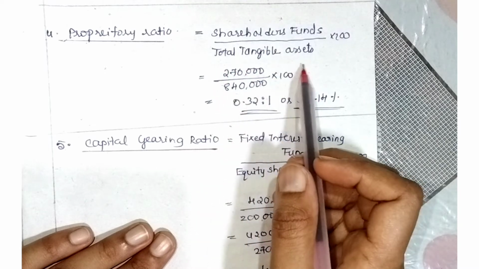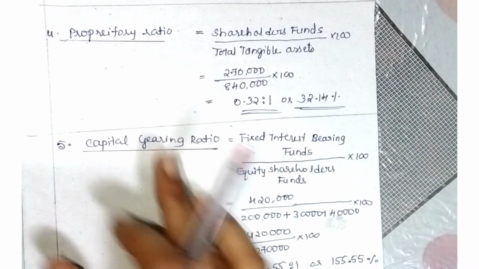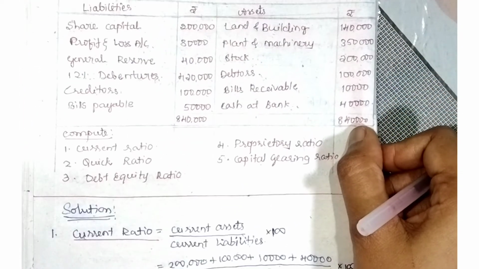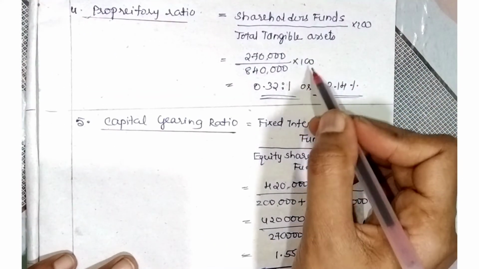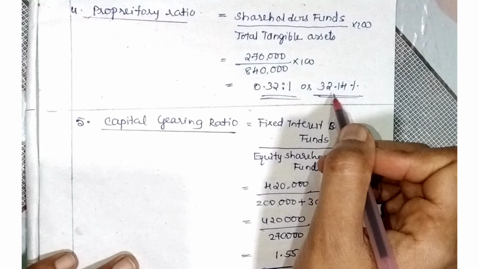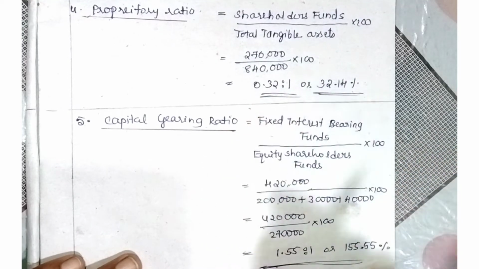What is this? Total tangible assets, whatever assets you have. So balance sheet assets total, that is 8,40,000. Take that one, divide it, you will get 32.14 percentage, and in the ratio 0.32:1.